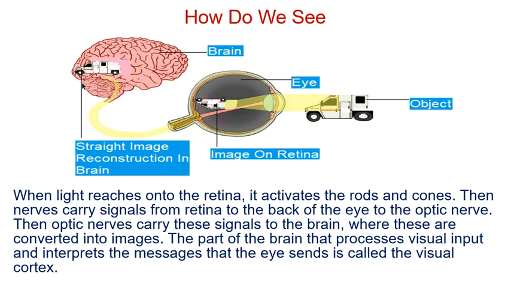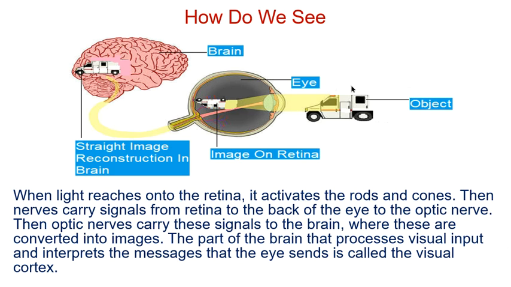Moving forward, this is the whole diagram of how we see. Very systematically we have completed the eye or the ocular system, but it is not complete if we don't understand how we see. So this is the process. In the center is the eye. On the right side there is an object, and on the left side there is a brain.